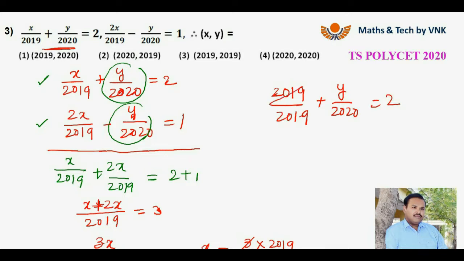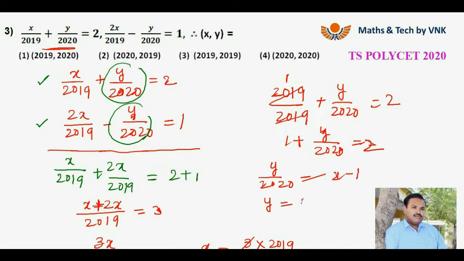So 1 plus y by 2020 is equal to 2. So y by 2020 is equal to 2 minus 1 is 1. So y is equal to 2020. So the correct option is x is equal to 2019, y is equal to 2020. So option 1 is correct.